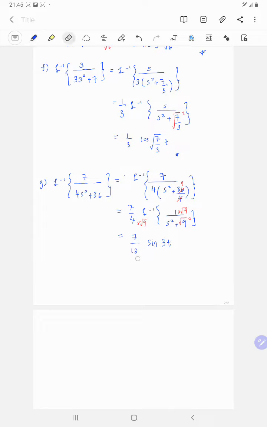Okay, if you cannot see, let me show it like this. 7/4 times 1/3 Laplace inverse of 3 over s squared plus 3 squared. Okay, so this is 7/12 sine 3t. Okay, so that's the answer.